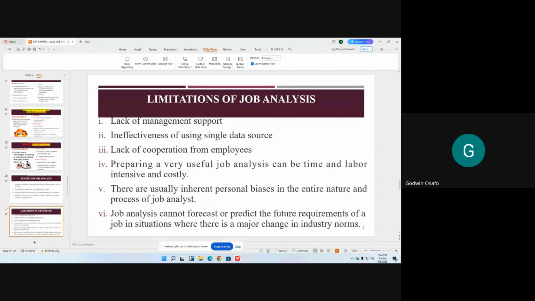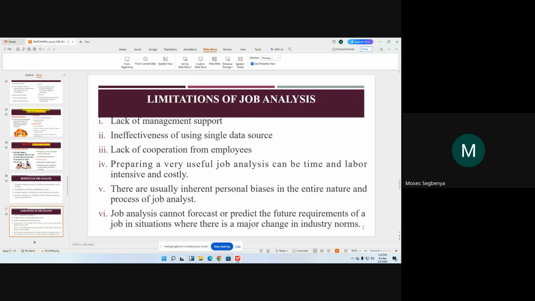It doesn't mean it cannot do it. It may do it to some extent. But when the basis upon which you are deploying it has changed, and you have not revised the relevance or the parameters of the job, then its predictive capability will be limited. So that is all that we are saying.